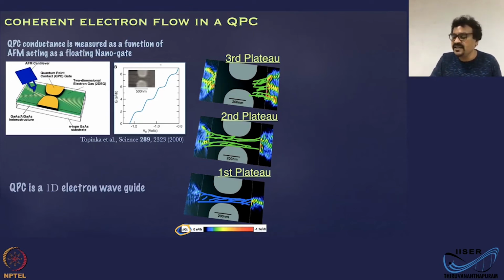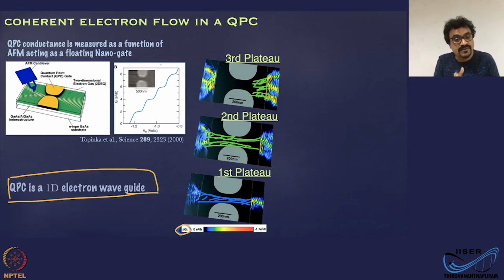So what we are seeing here is the plateau, this quantum point contact is acting like a waveguide, similar to a waveguide for electromagnetic waves, for electrons. So electrons going through this constriction will have their wave nature, but because of the boundary condition created by the gate, because of the boundary, the wave function should go to zero.